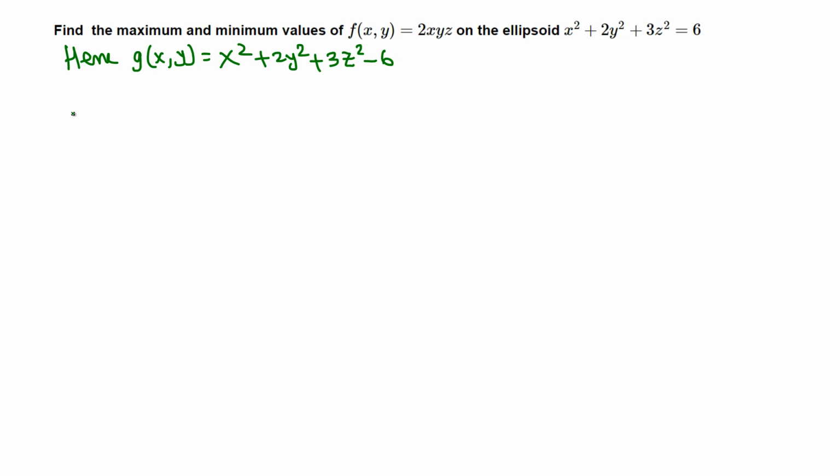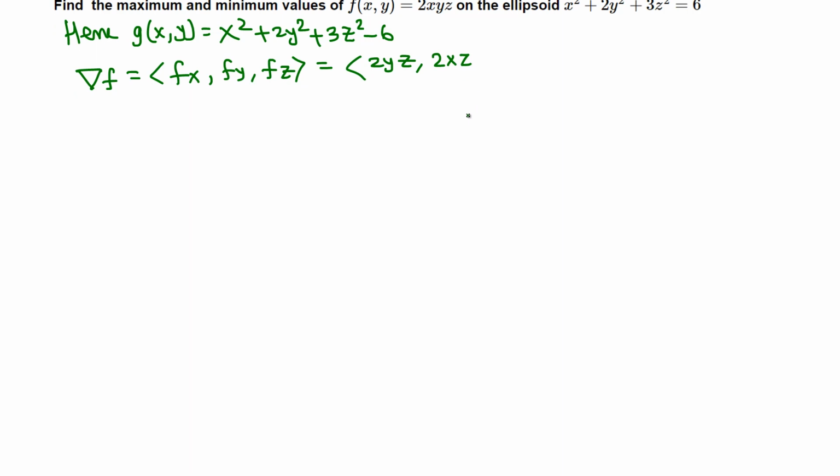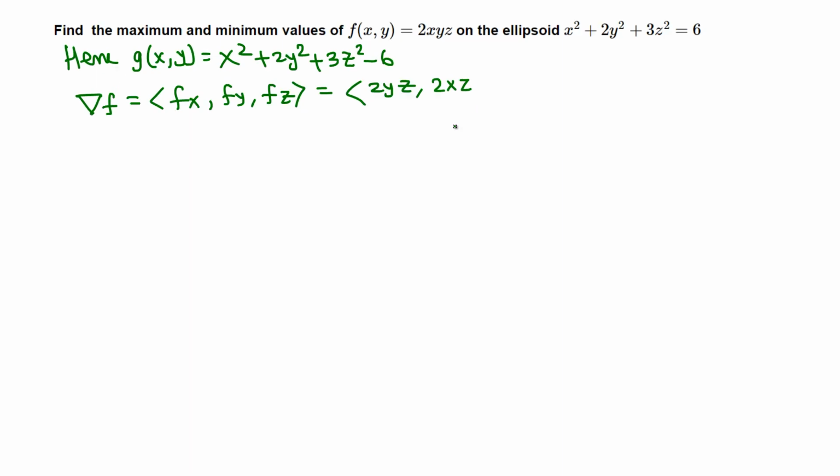Now to use the Lagrange multipliers method, we need to find the gradient of f, del f, with fx, fy, fz, which is, let's find the partial derivative with respect to x, that's 2yz, partial with respect to y, 2xz, and partial with respect to z, 2xy.